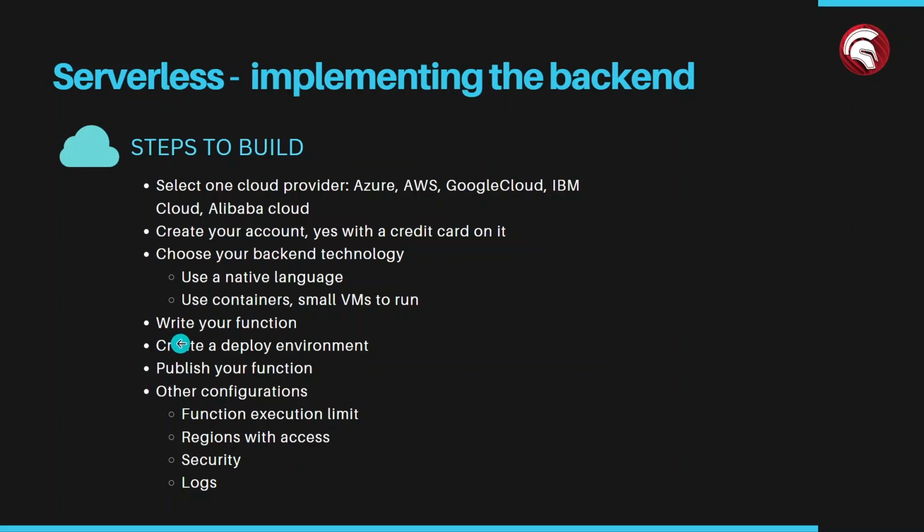And after that, we have to write our function, put our business logic in that function, create a deployed environment so we can put our function online, publish the function, so the function will be available to access from any client that we choose.